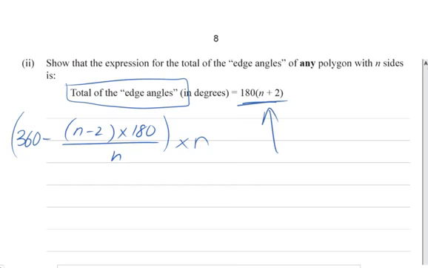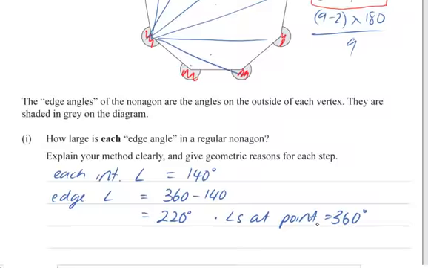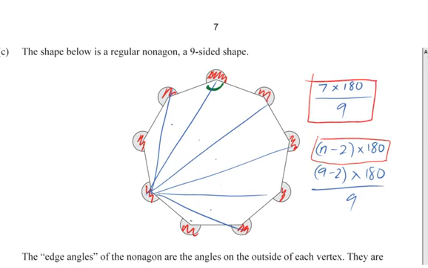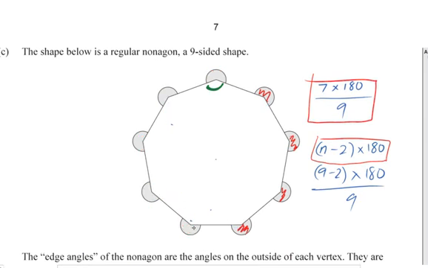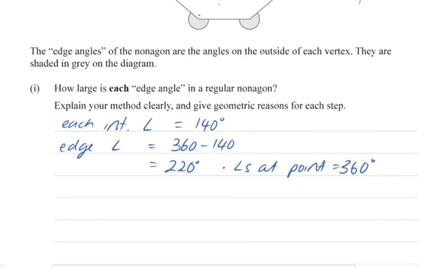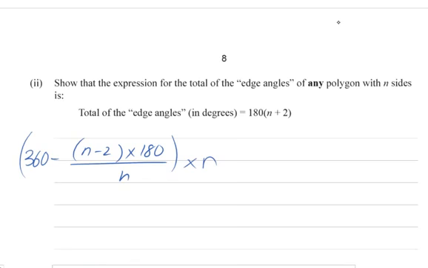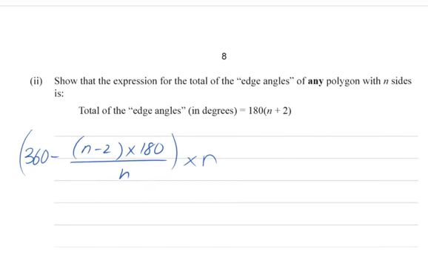What exactly is the question asking? The question is asking us to show that all of these grey shaded angles on the outside add up to this formula if we're looking at a polygon with any number of sides. So not just 9-sided, it could have n number of sides.